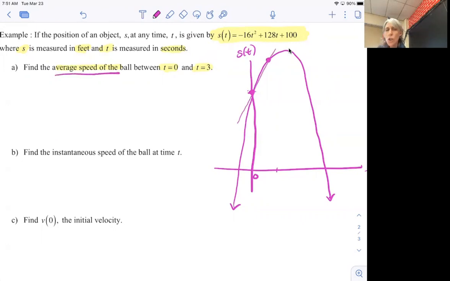Average speed, use the original function and set up a secant line. S of 3 minus S of 0 over 3 minus 0. So it's your job to know how to find these values. We're going to plug 3 into the original, 0 into the original.